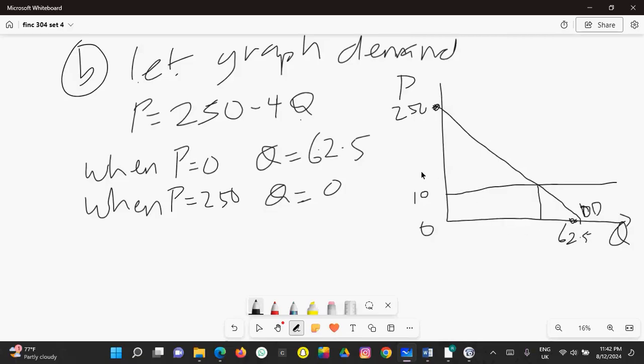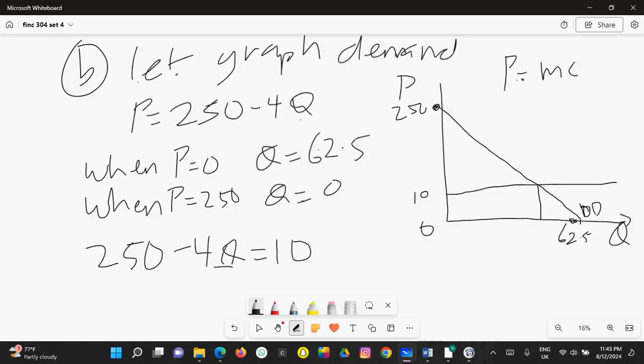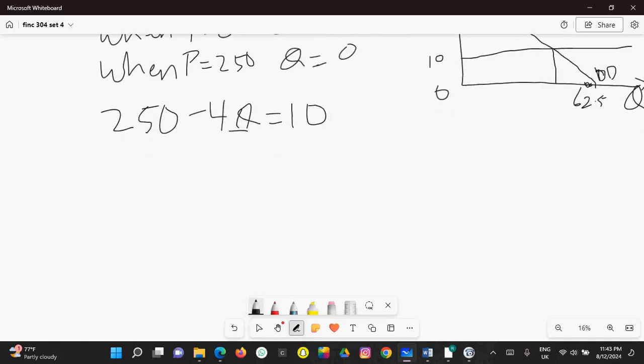If we want to find it, what we are going to do is equate price, because we use price to form the demand, to MC, and then solve for Q. So price was 250 minus 4Q, and then MC is 10. Simple and straightforward.